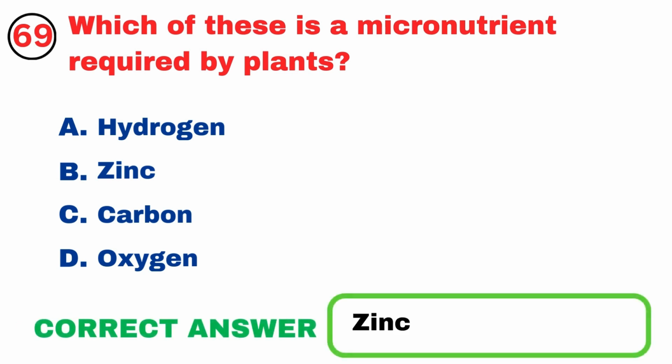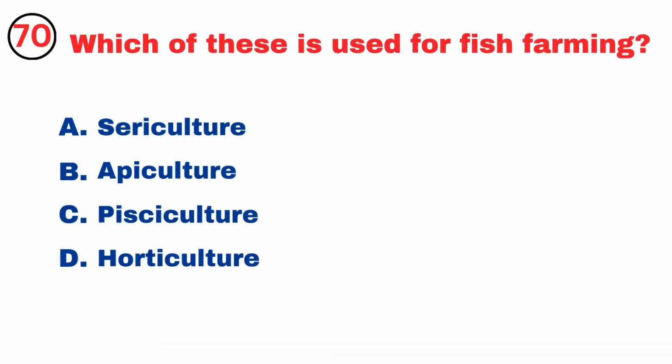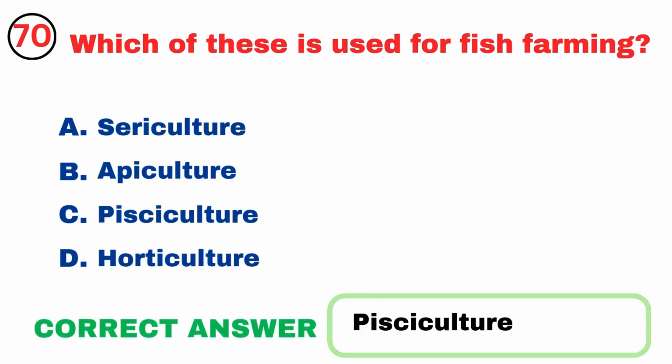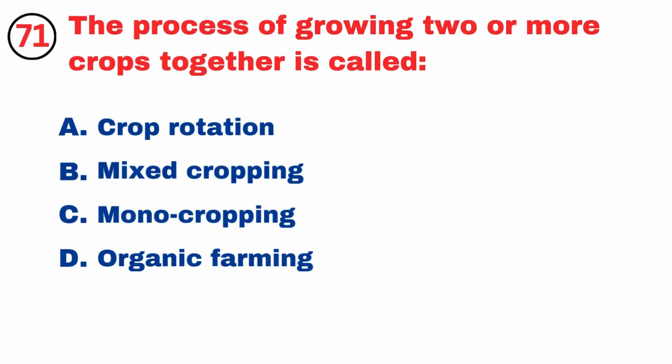Zinc. Which of these is used for fish farming? Pisciculture. The process of growing two or more crops together is called mixed cropping.